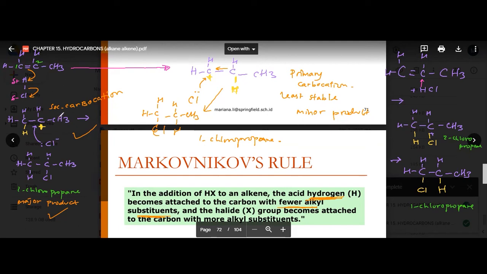So hydrogen from HX goes to the C with more H, so it is easier to memorize. If it attacks the first carbon, then the positive charge will be at the second carbon, leading to the formation of a secondary carbocation.